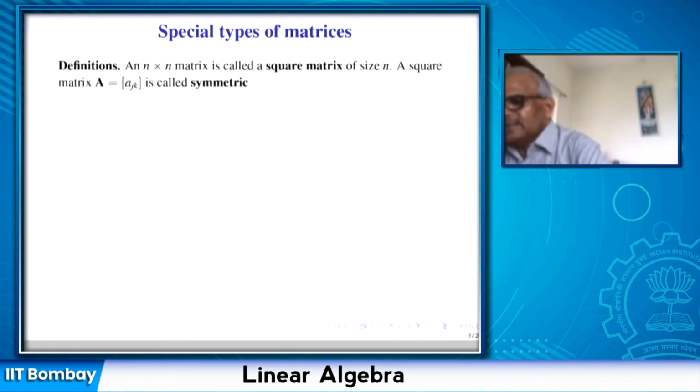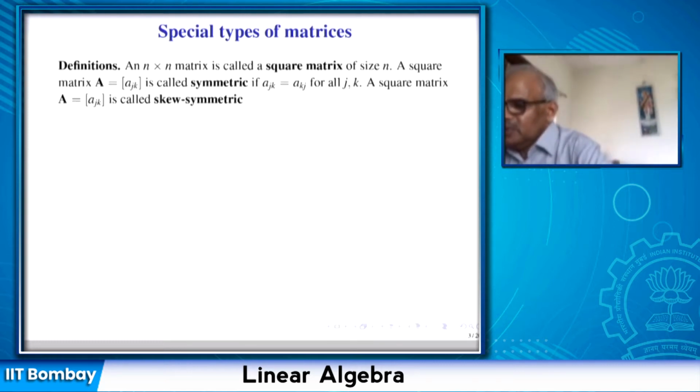And a matrix is called symmetric if AKJ is equal to AJK for all J and K. That means the entry in the jth row and kth column is equal to the entry in the kth row and jth column. So when you look at the entries on the principal diagonal, that is the entries A11, A22, ANN, they are sitting on the principal diagonal.